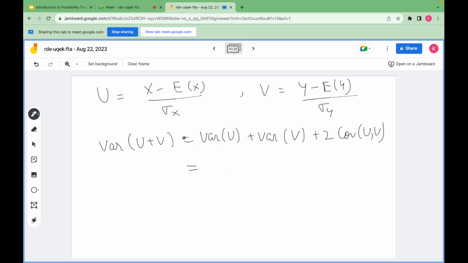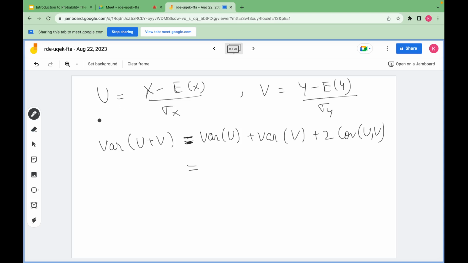So variance of u, this is the normalized version of x.